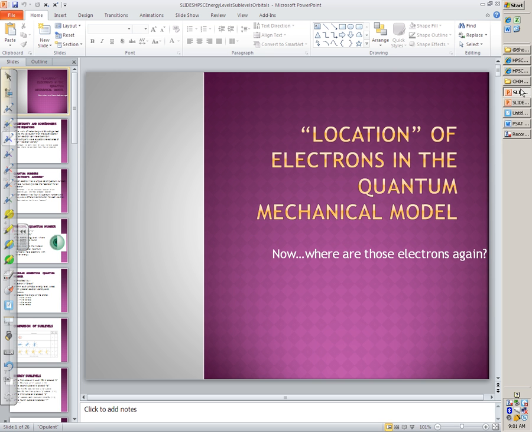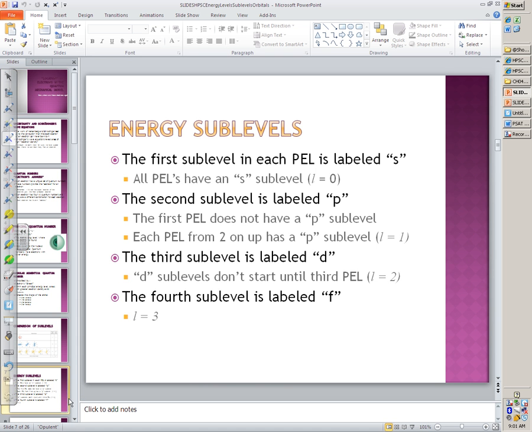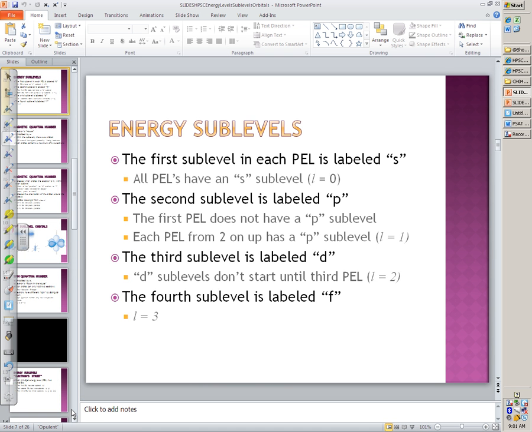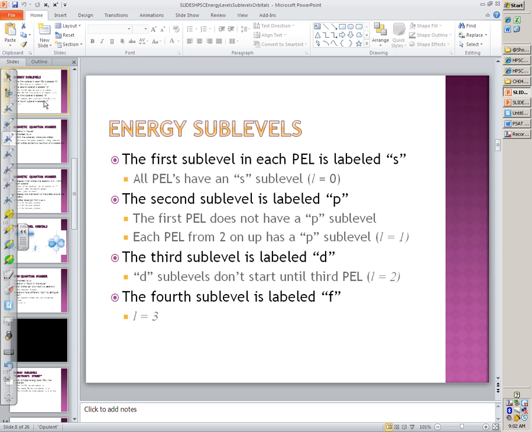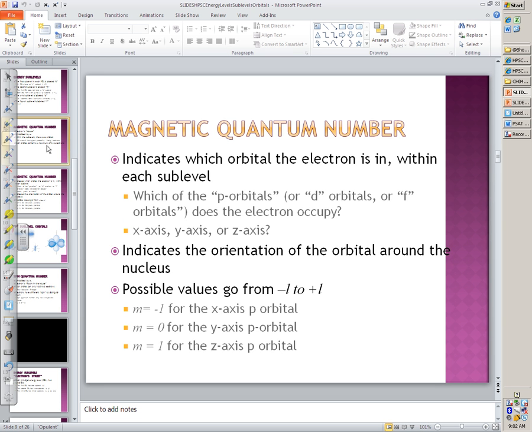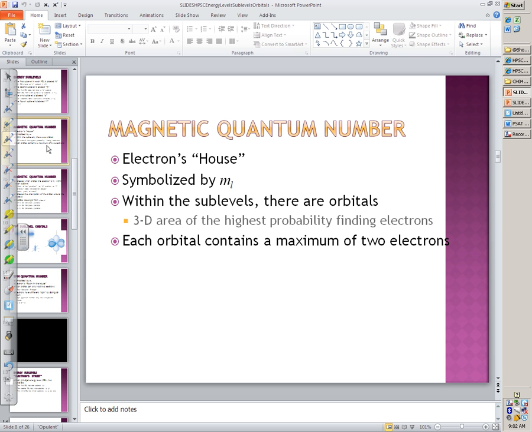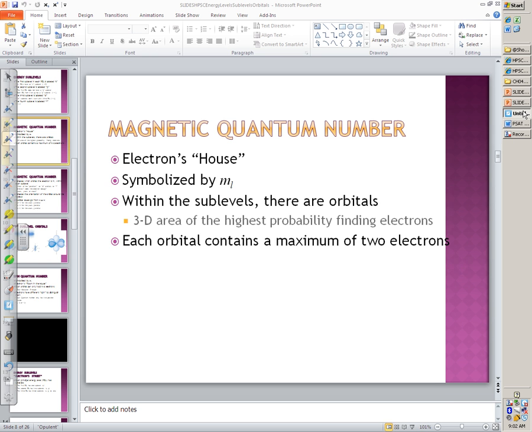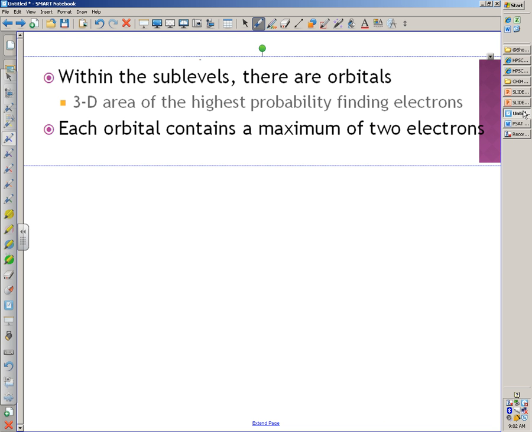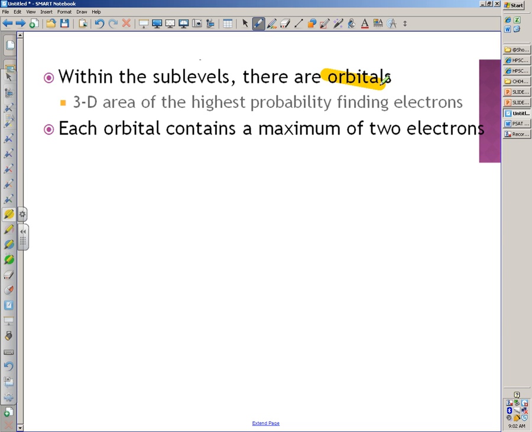Yes, but in general, we call those areas of high probability of finding electrons orbitals. Okay? Those are the areas of high probability of finding electrons.